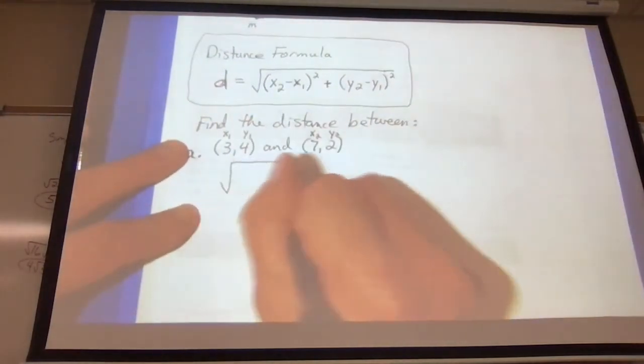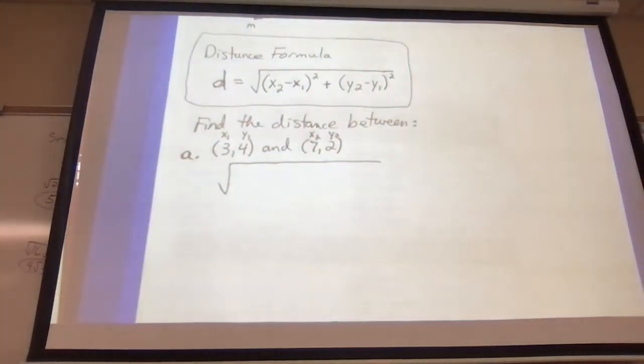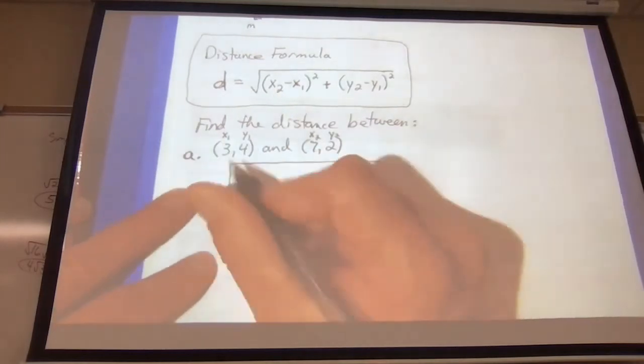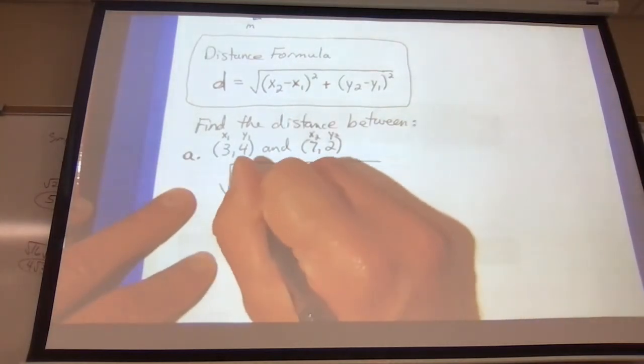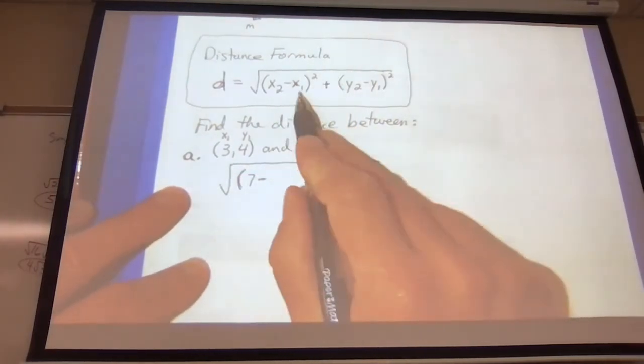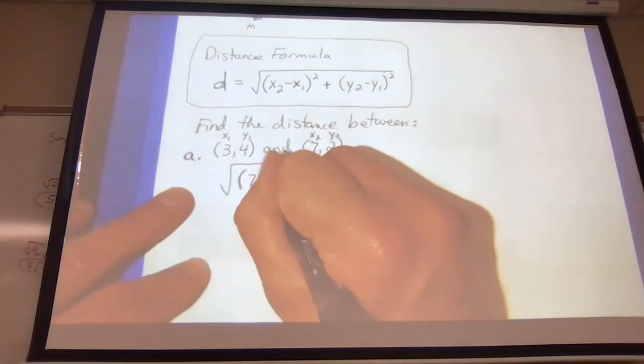So start by drawing the square root symbol. You have to draw it kind of big at first. So we've got a pretty bunch of numbers in there. And now I'm just going to go to my formula. X2 is 7. So I'm going to start with parentheses and a 7. We're going to subtract from that x1, which is 3.